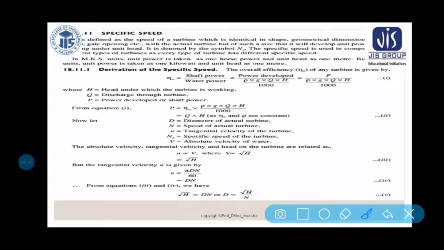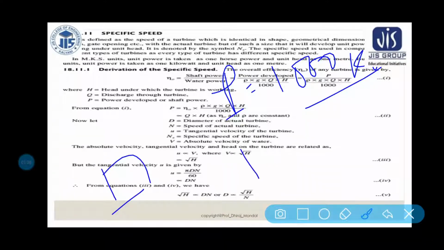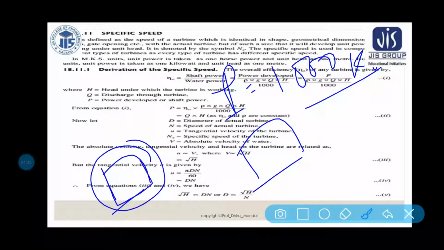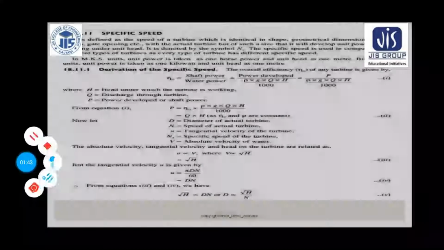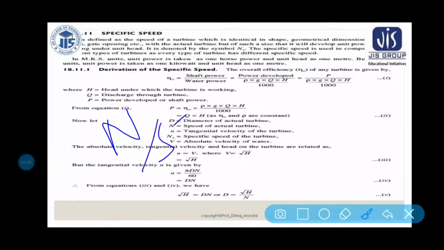If you want to manufacture a turbine, let us consider you want to get 1000 kilowatt of power from the turbine. First of all, make a model, and with the help of this model you can manufacture the large-scale turbine. If the specific speed of the model is the same, then it will be identical in nature.